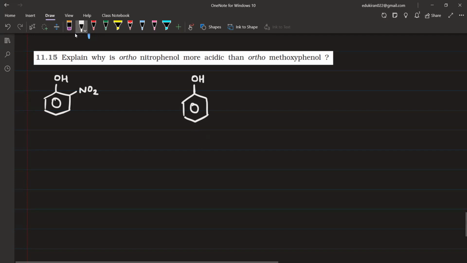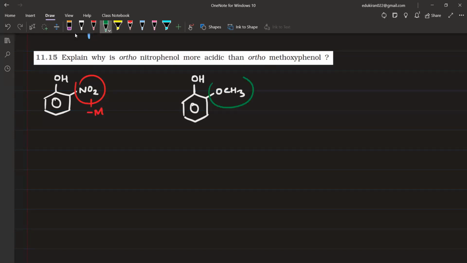My bad. This is orthomethoxy, na? I drew para. I don't know why. Methoxy is OCH3. Right. So what is this group? Tell me, NO2 is plus M or minus M? NO2? Minus M.